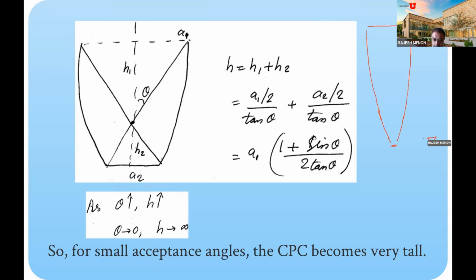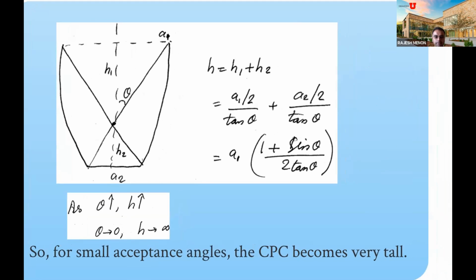So I can have a very short CPC or a very long CPC. The big difference is that theta here is very small, and theta here is large, but concentration here is small. Okay, I think you all understand what I mean.